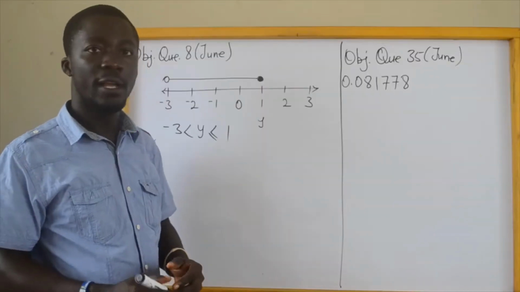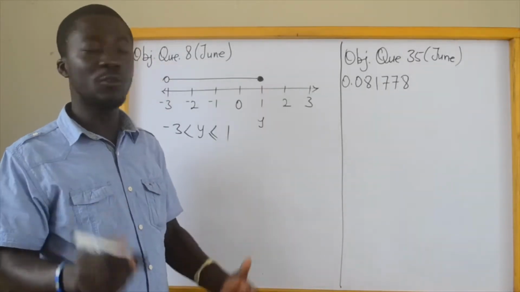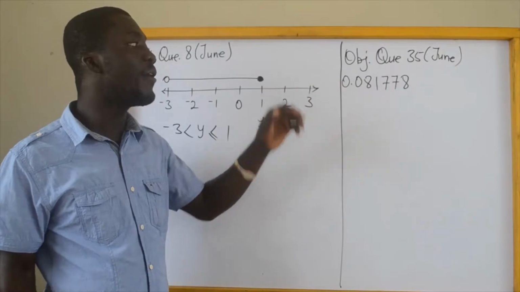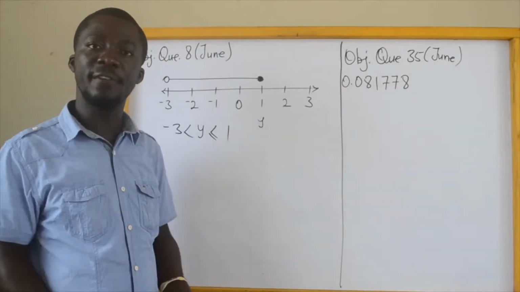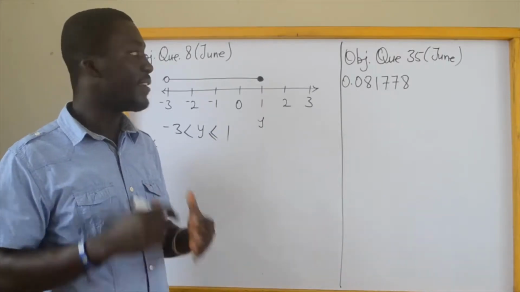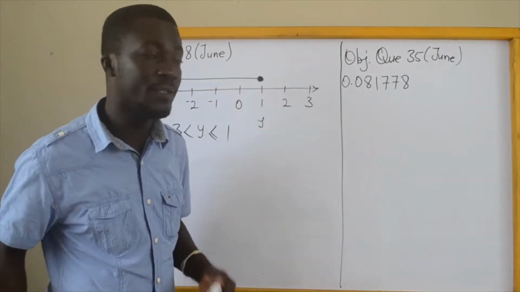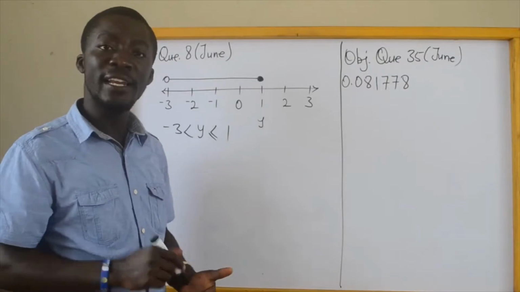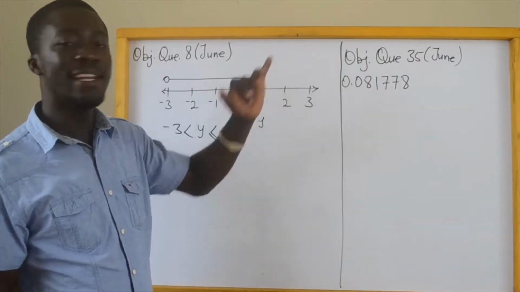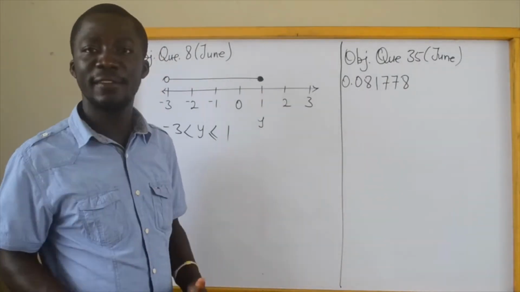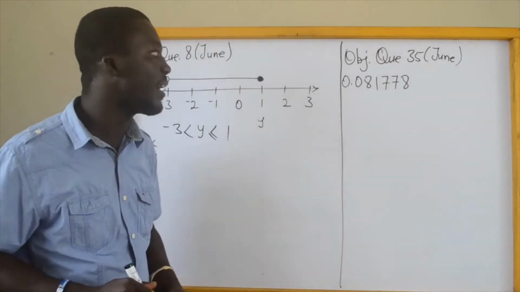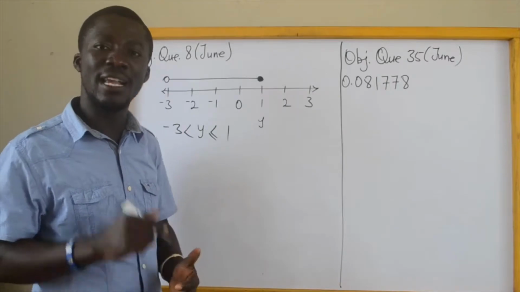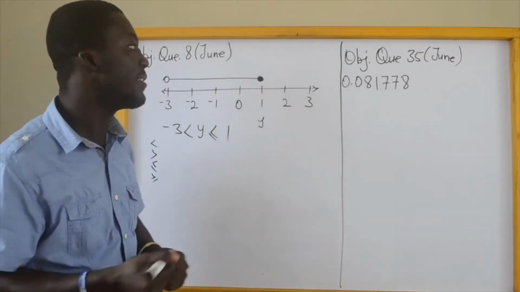In our objective question 35, June, it says that we should correct 0.081778 to 3 significant figures. And the rule that we are going to use is that only trailing zeros of decimal numbers are significant. The leading zeros are insignificant.